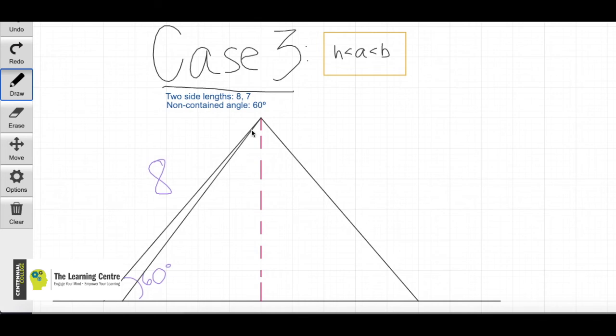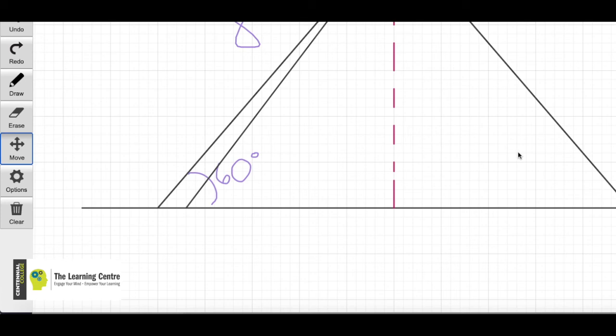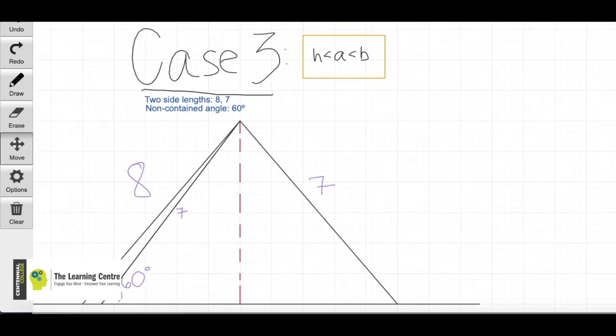Zooming in, we can tell that this triangle is very thin and has a very obtuse angle. And then we have our second triangle as well. So we have 2 possible cases that we can have when the side length of A is greater than the height and less than B. And you will usually need a little bit more information in order to properly create a triangle.